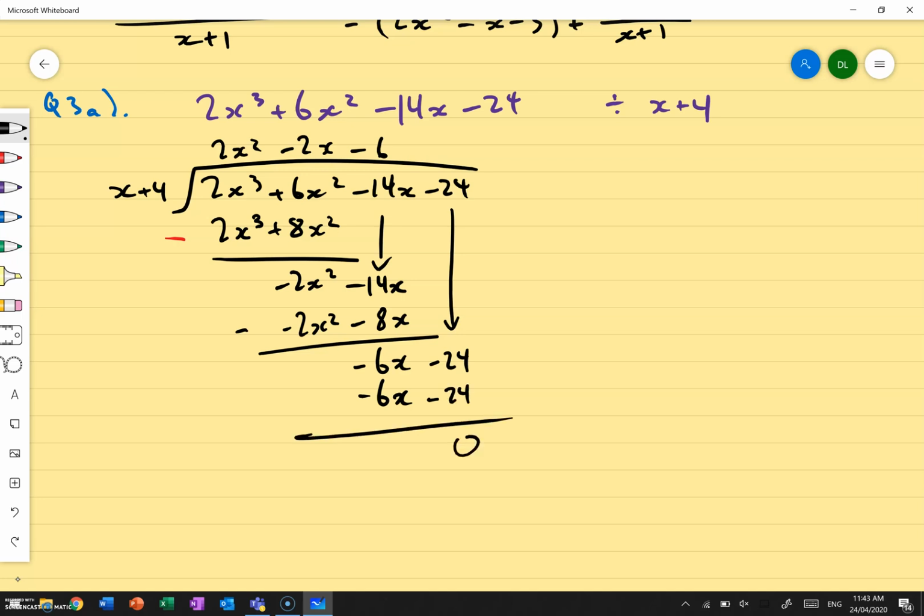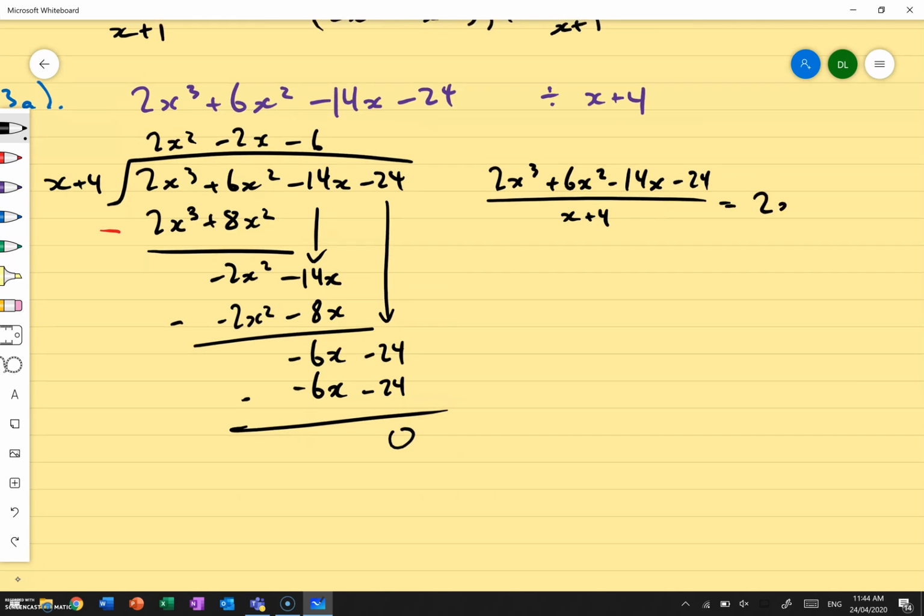I get a remainder of 0 because negative 24 minus negative 24 gives me 0. So I now know that 2x cubed plus 6x squared minus 14x minus 24 divided by x plus 4 gives me 2x squared minus 2x minus 6.